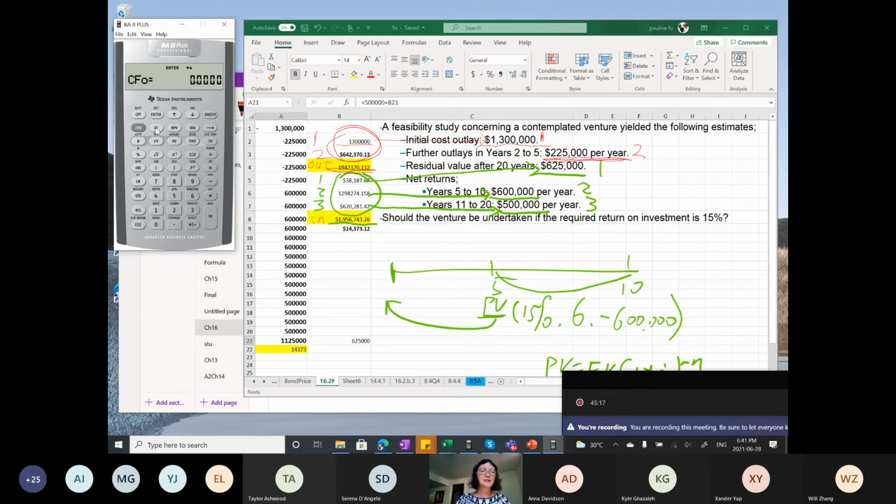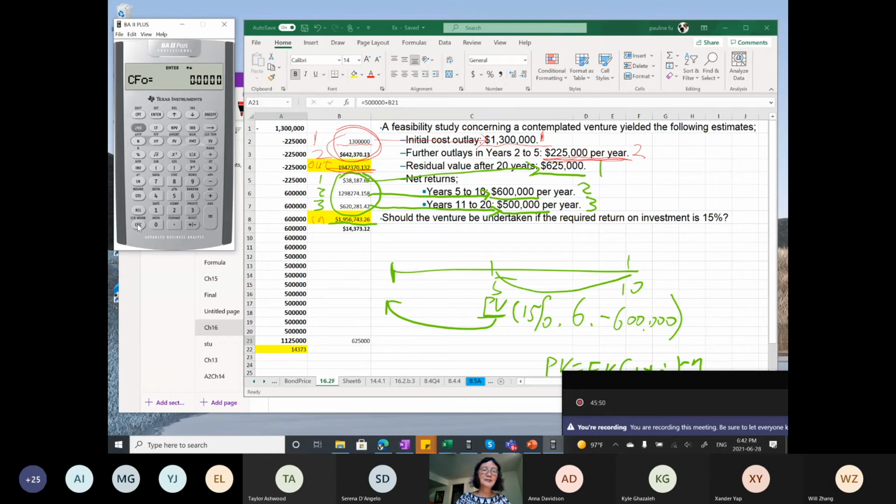Press CF, you get CF0. That is usually the initial cost. Many students have a problem with this, so I strongly suggest every time you use the CF function, before you enter numbers, press second clear work, just as a precaution to clear any previous entry.